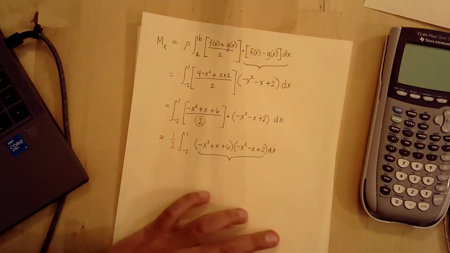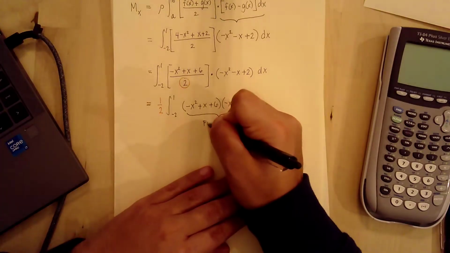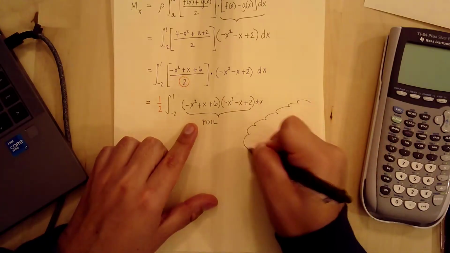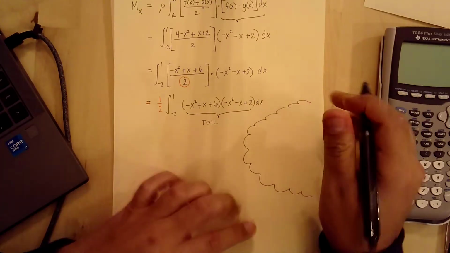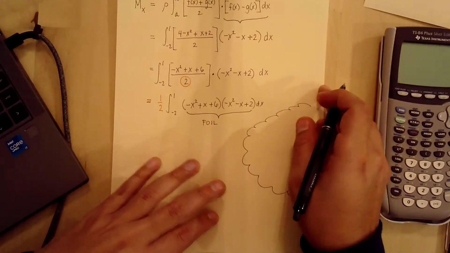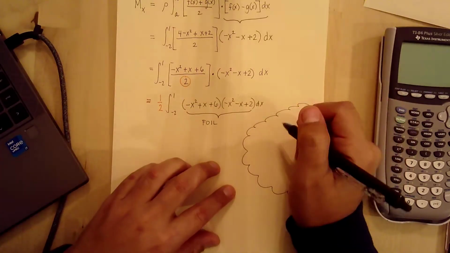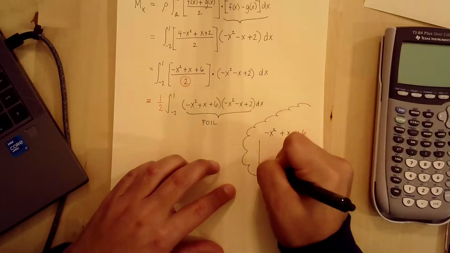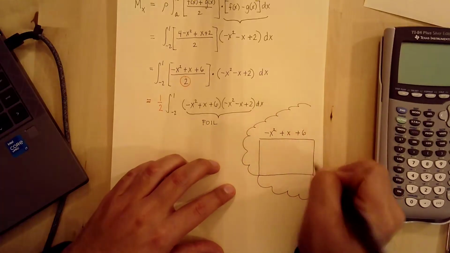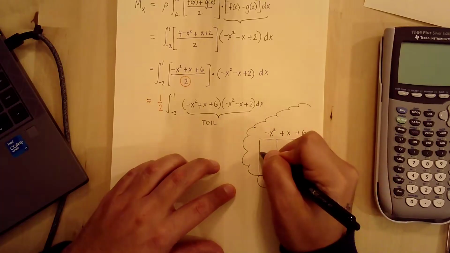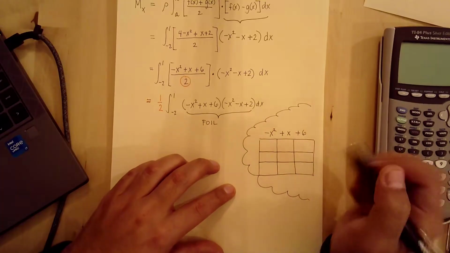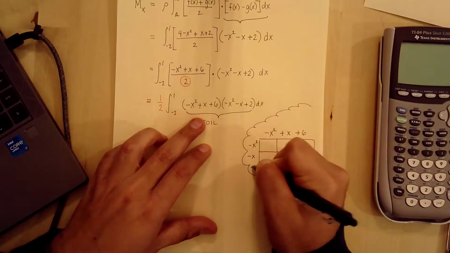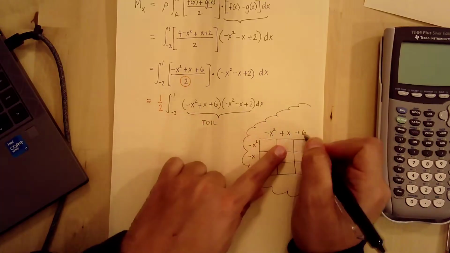Whenever I get bogged down with a FOIL or distributing problem like this, I always take some time and do a very elementary school level foiling process, which is those grids that I keep doing whenever I need to distribute. So negative x squared plus x plus 6. We need to multiply that with 3 terms. So this grid is going to have a total of 9 multiplications. We need to multiply this with negative x squared minus x plus 2. And wherever we intersect, we're going to multiply.